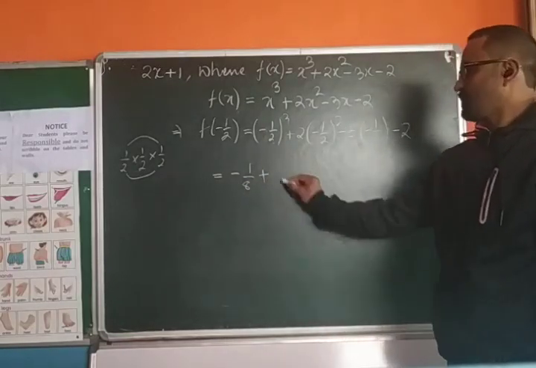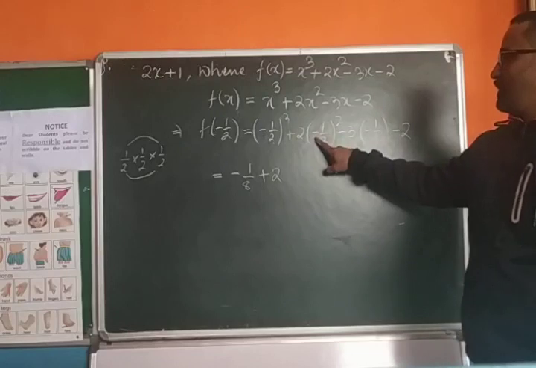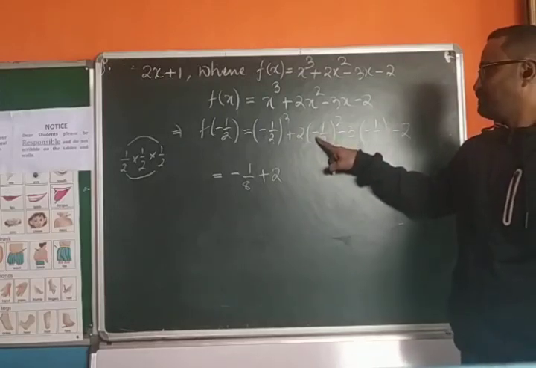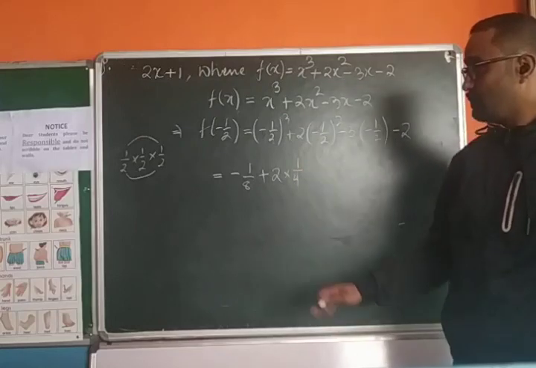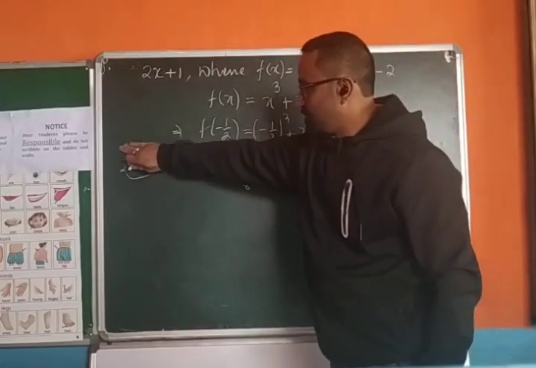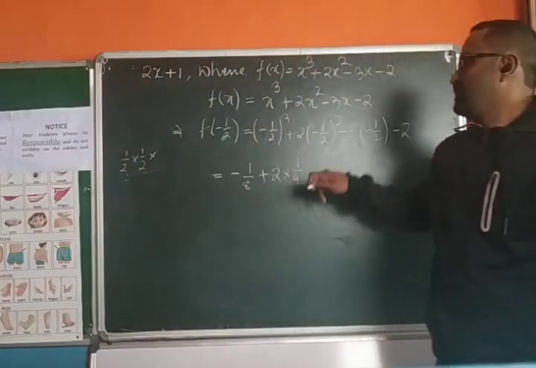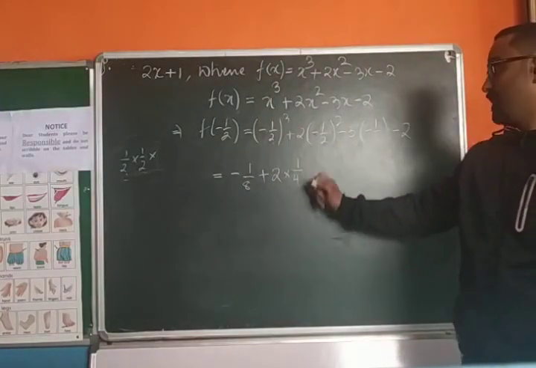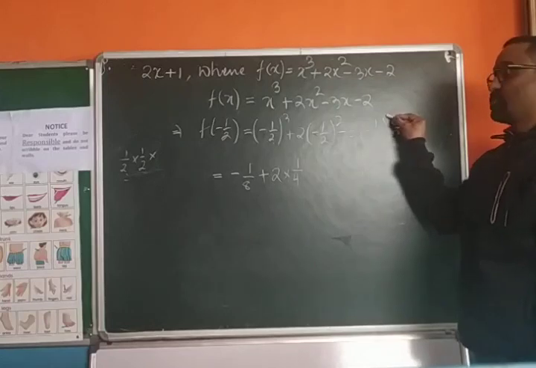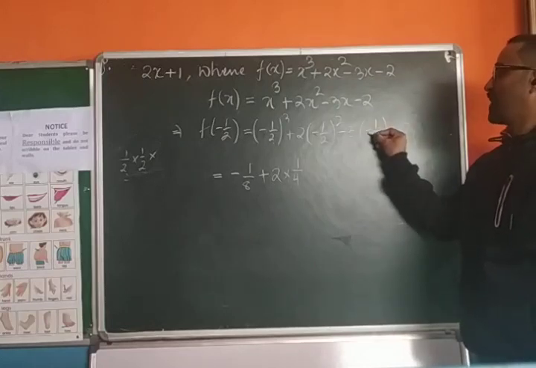Plus 2. Square of minus 1 by 2 is 1 by 4. Similar way, 2 multiplication. Square of minus is always plus. 1 by 2, 1 by 2, 1 by 4. Third one does not have power. Sign multiplies.